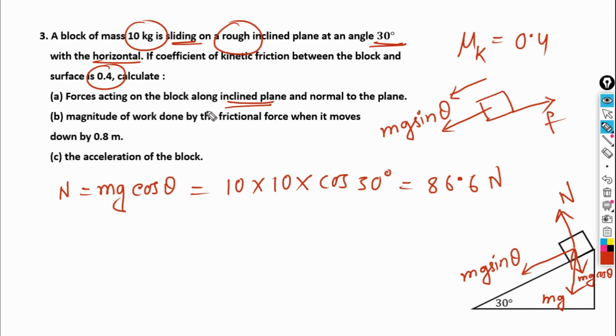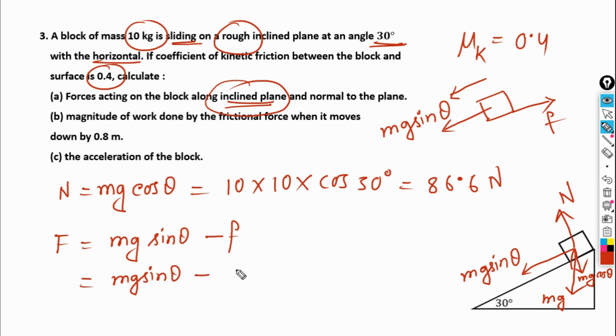So what will be the force acting on the block along the inclined plane? The resultant force will be mg sine theta minus friction. Friction means mu into N, and we already got N.